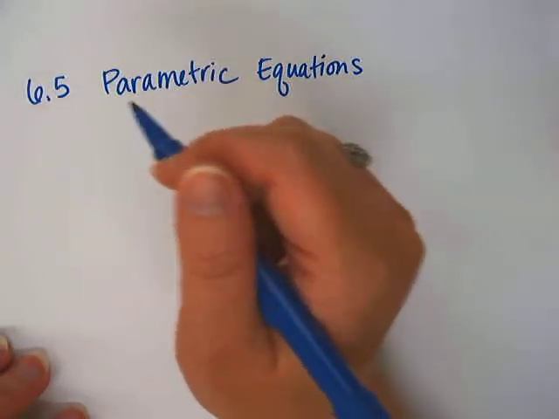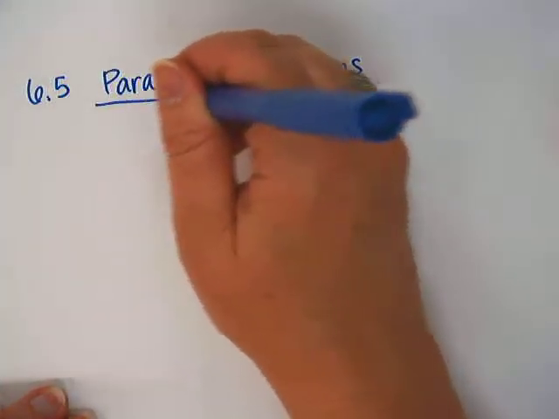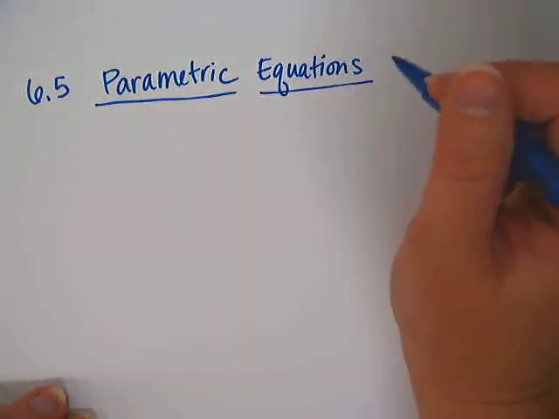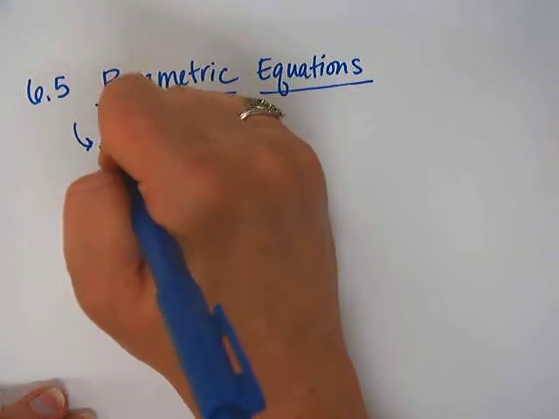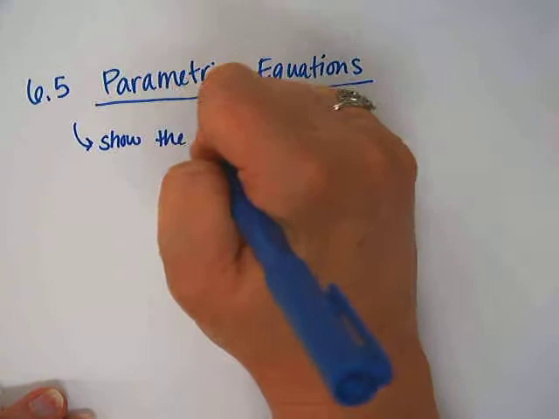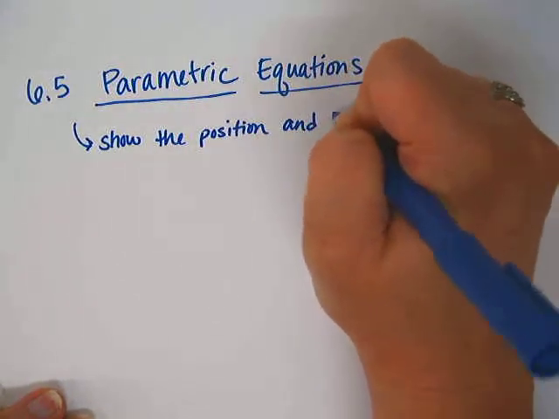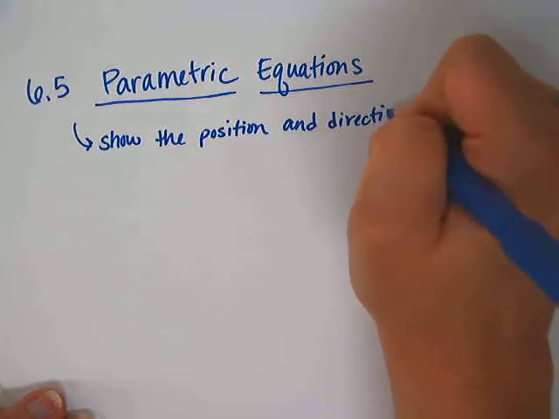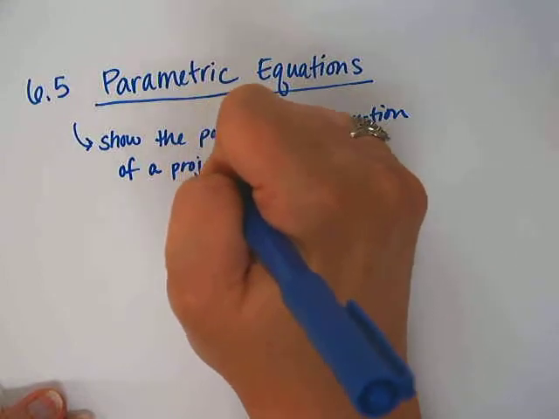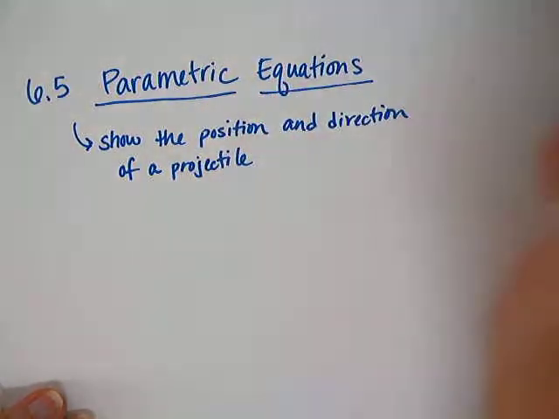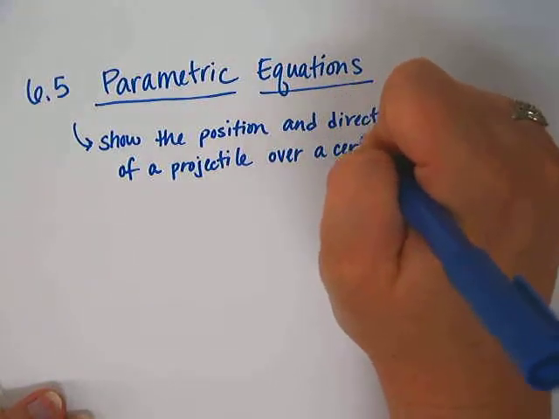Okay, moving on. The purpose of parametric equations is that they show the position and direction of a projectile over a certain time.